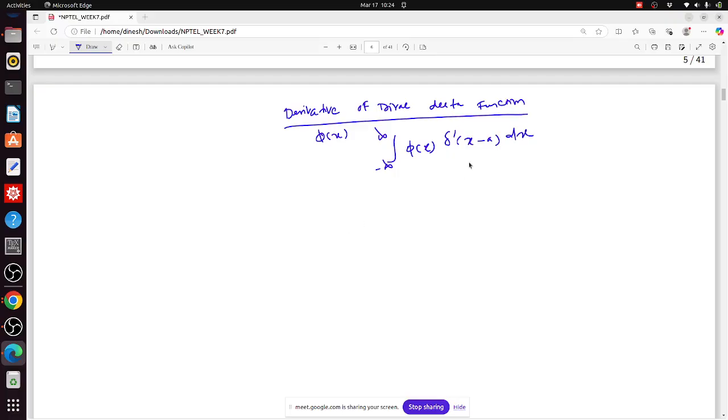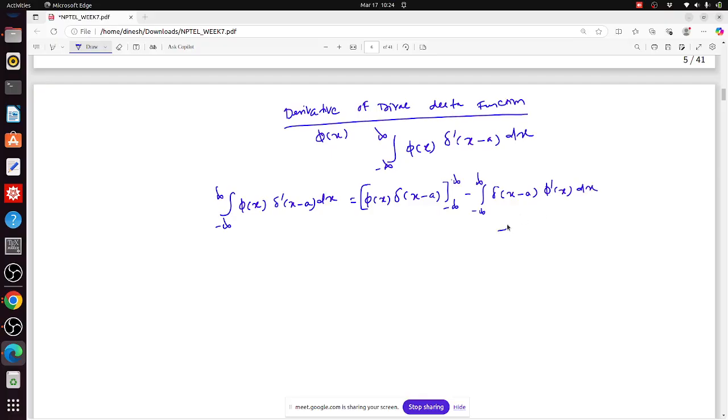If we do integration by parts, this is equal to phi of x delta of x minus a with limits from minus infinity to infinity, minus the integral from minus infinity to infinity of delta of x minus a phi prime of x dx. That is simply minus phi prime at a.